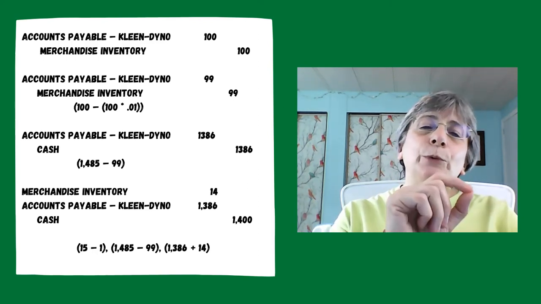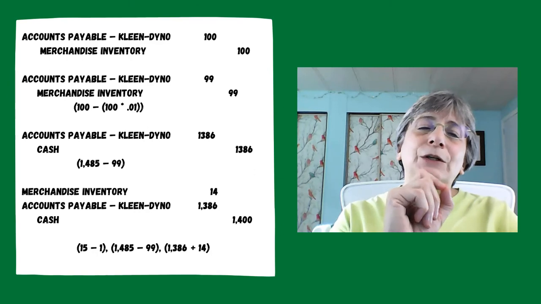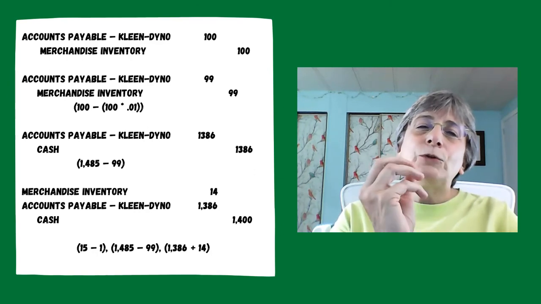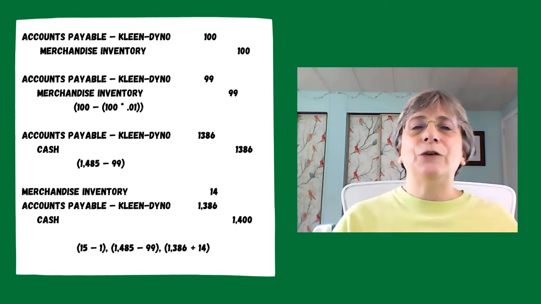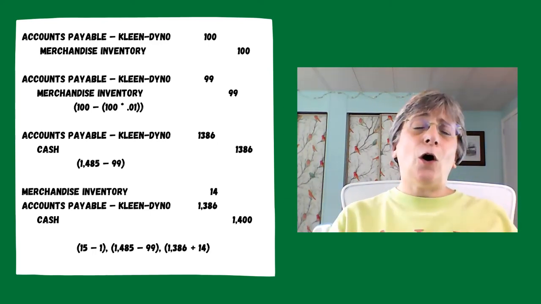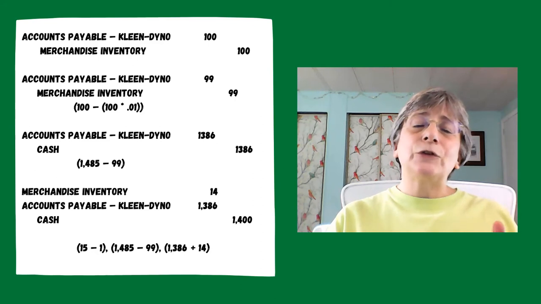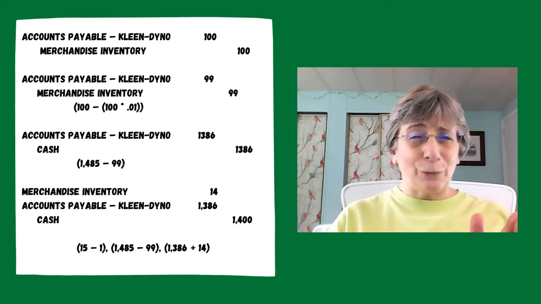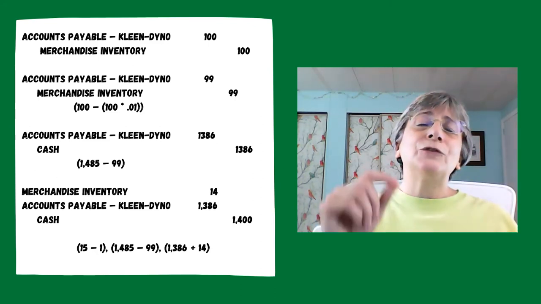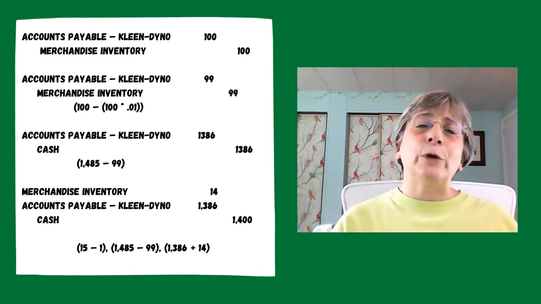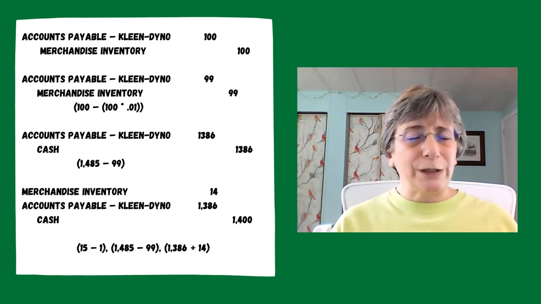The difference between the two is the amount of the discount that we gave up, which we now need to put into our merchandise inventory because it is a cost of purchasing that merchandise. So the $14 comes from the $15 that we originally took minus the $1 for the return to give us $14. Now, where does that leave us?